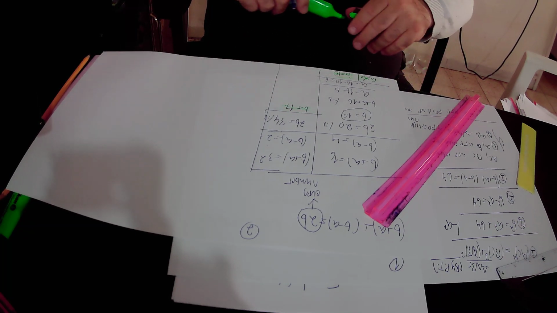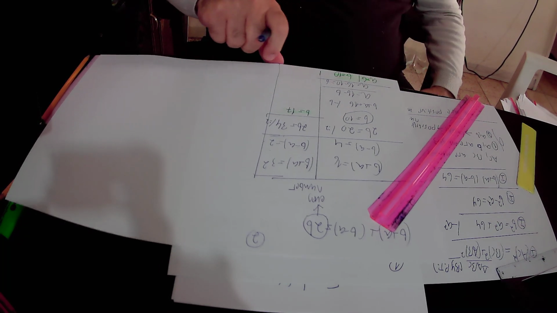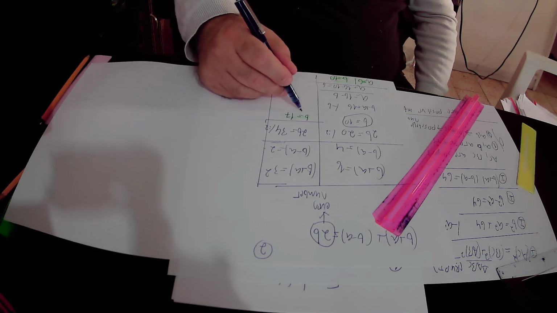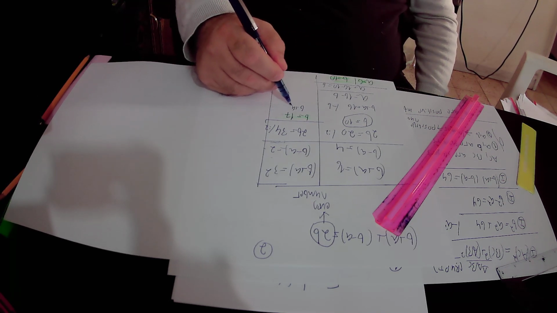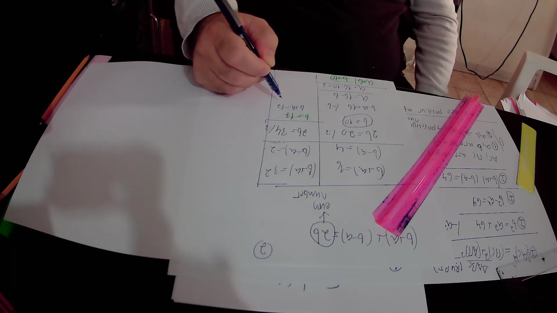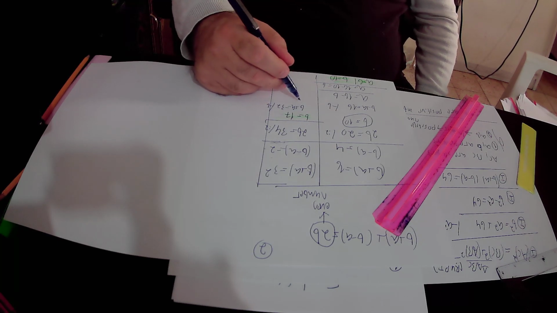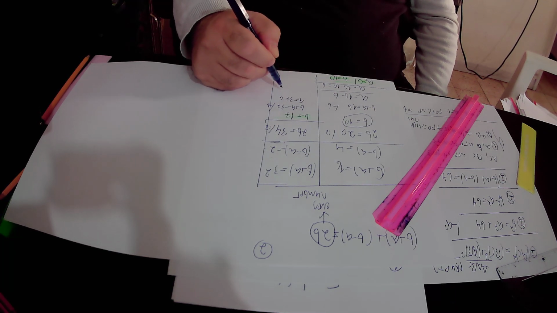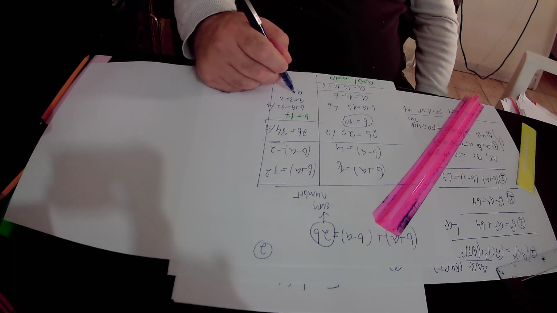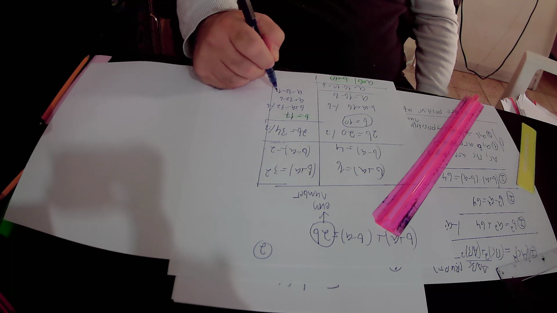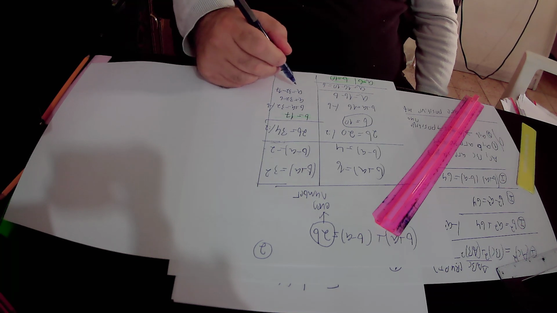Here we have the equation that b plus a equals 32. We subtract b from this equation, and we get that a equals 32 minus b. That is to say, a equals 32 minus 17, that is 15.